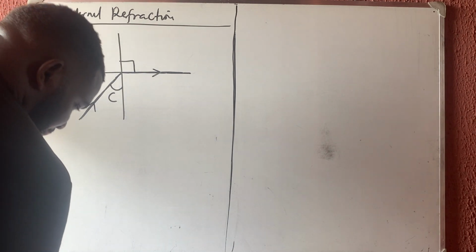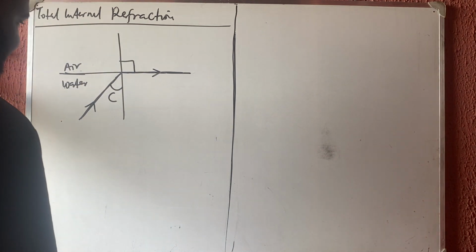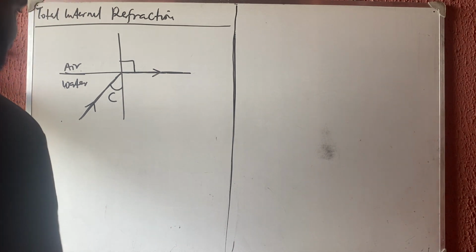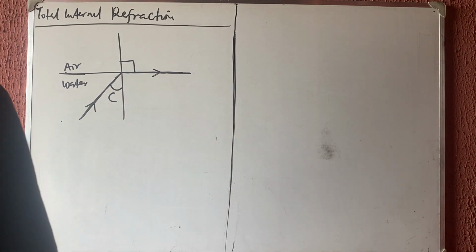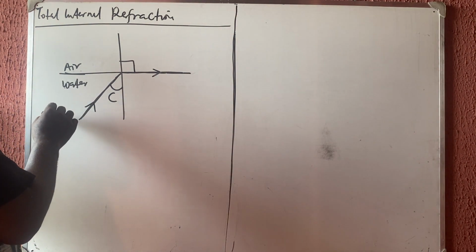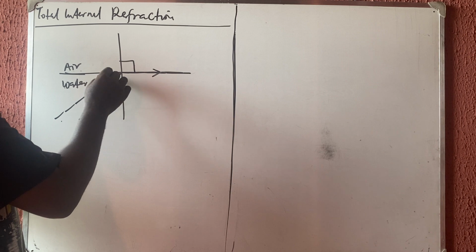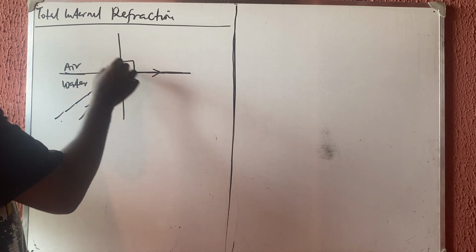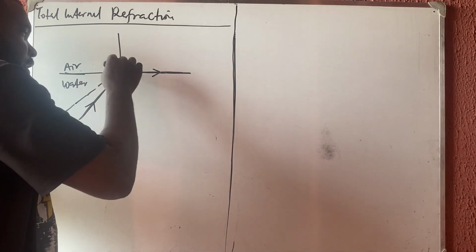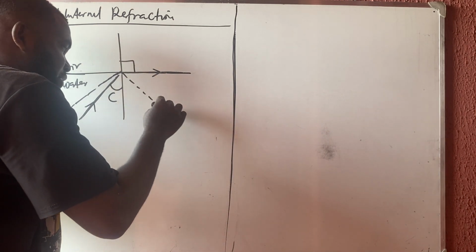The next thing we're talking about is now internal refraction. Internal refraction is when I have another ray of light coming this way. Now instead of it refracting out this way, it bounces back into the same medium.